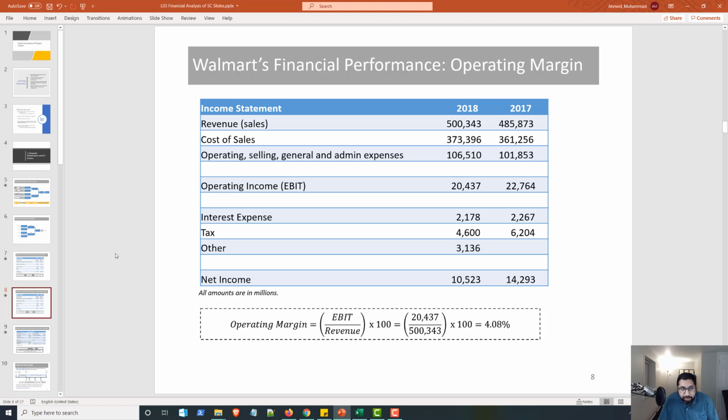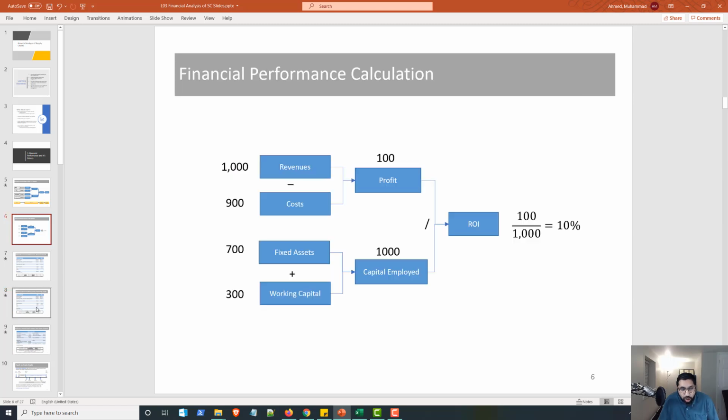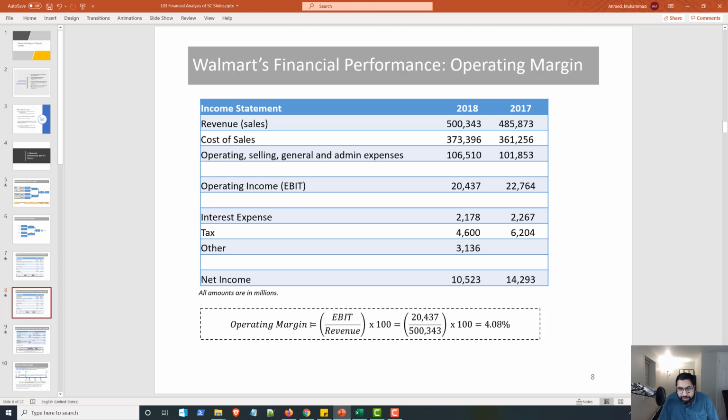Now let's look at the second driver of costs. Here we're going to look at operating margin. What is the profit margin after taking out operating expenses? We need to look at earnings before interest and taxes and divide that by the revenue or the sales.